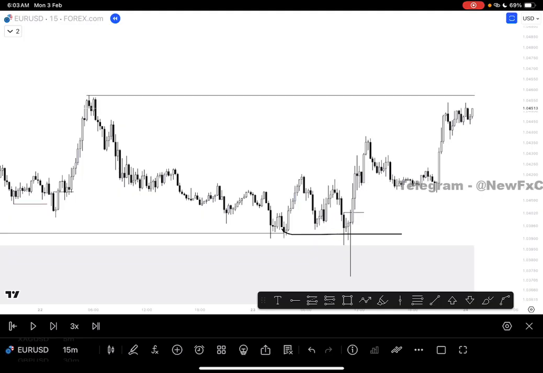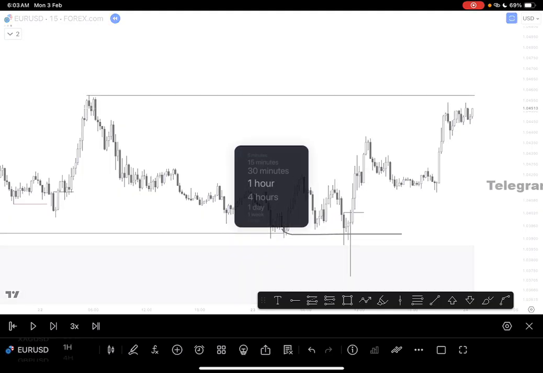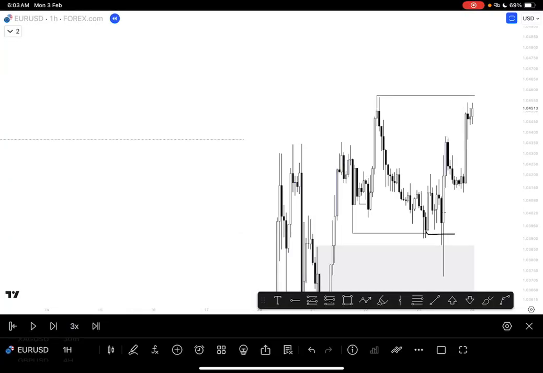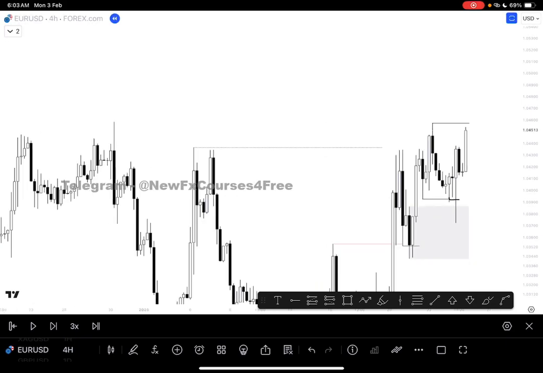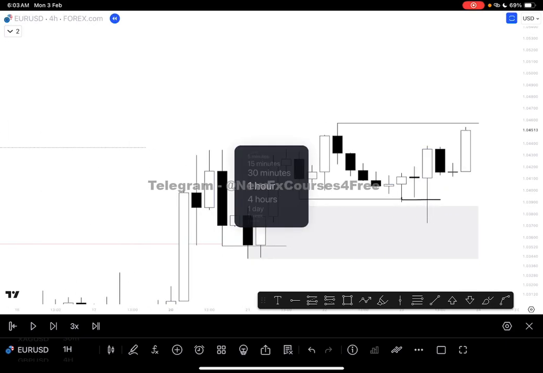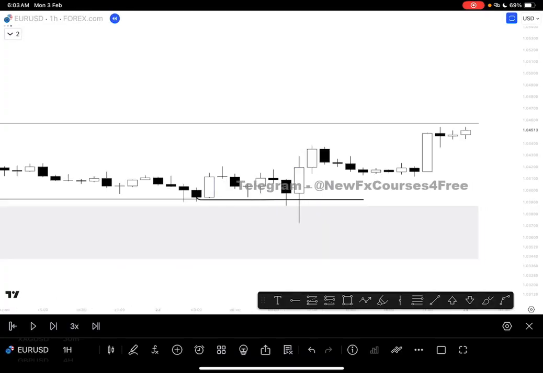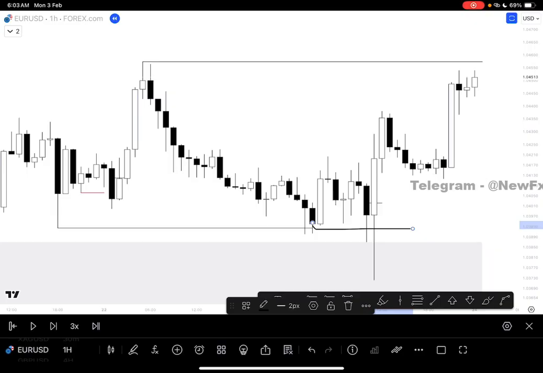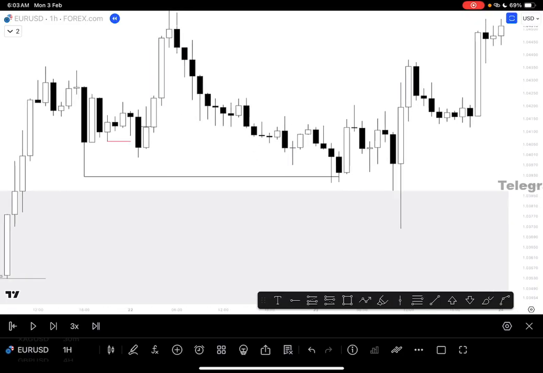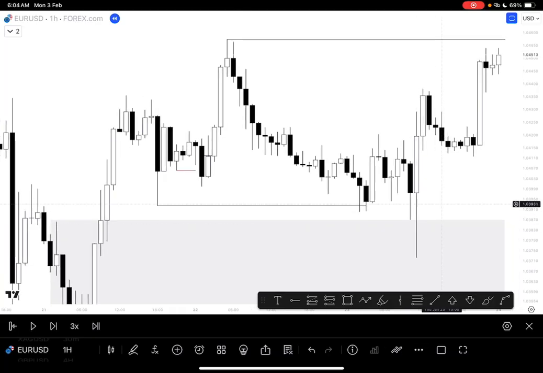So that's how you actually use the higher time frame buyers to actually frame your lower time frame. So here there was actually a failed order block. Why did this order block actually fail? This 1 hour order block. Why?